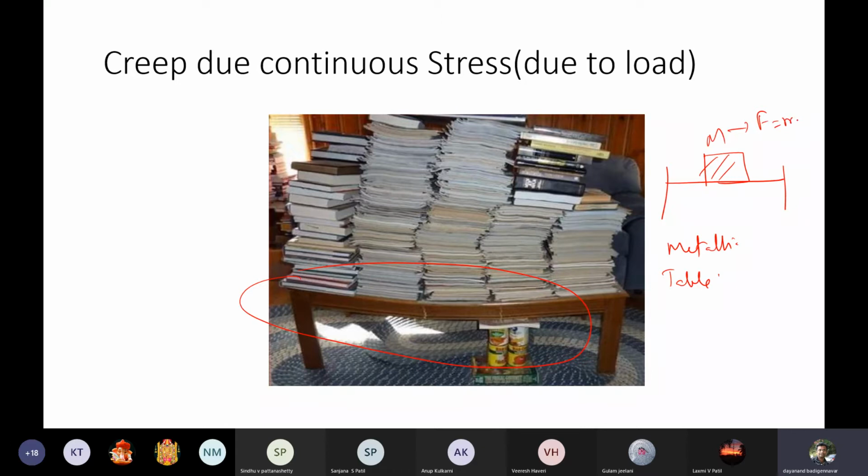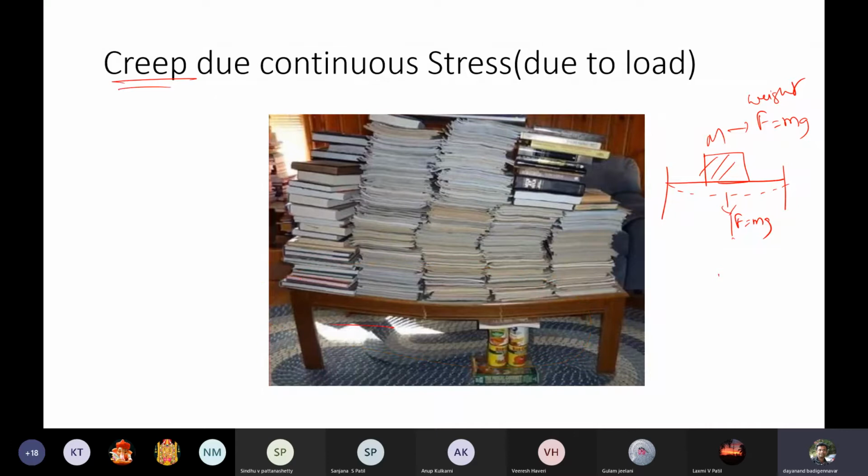So this is force F equal to m into g, the weight that is generated, acting downwards. If I keep it for a longer time, the shape of the material gets deformed. Therefore the table gets deformed. This deformation is what we call creep. Look at the case here. You have a wooden table instead of metal. I have kept the load, which has a certain mass, so it acts downwards with a weight, force equal to m into g. When this force is applied, you can see the shape of the table is deformed, because it has gone down. This is a wooden table.